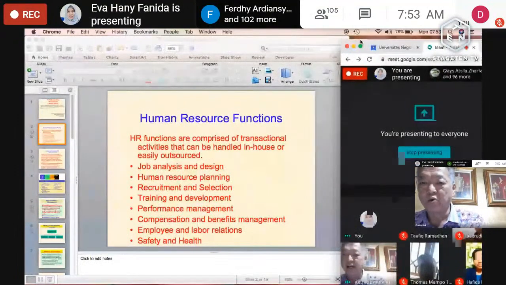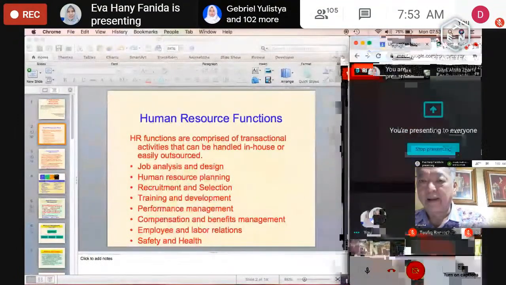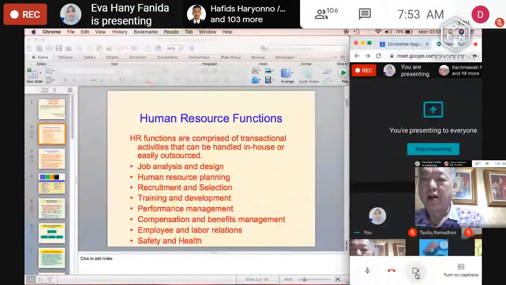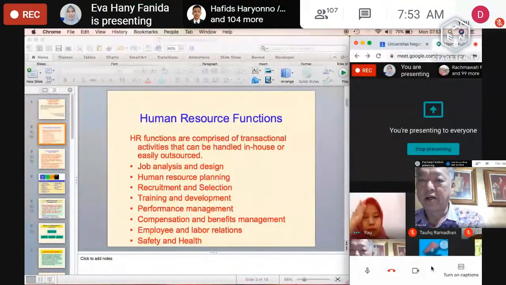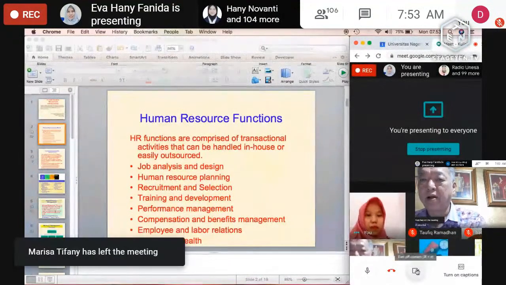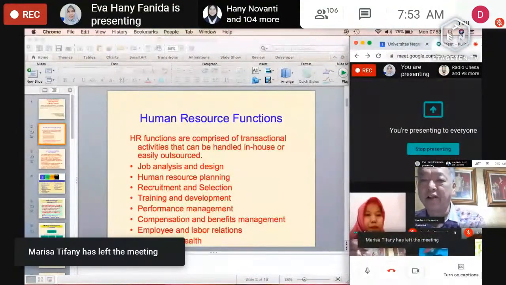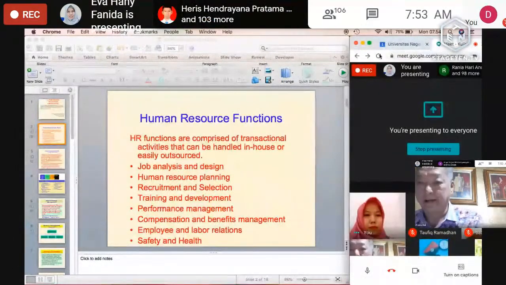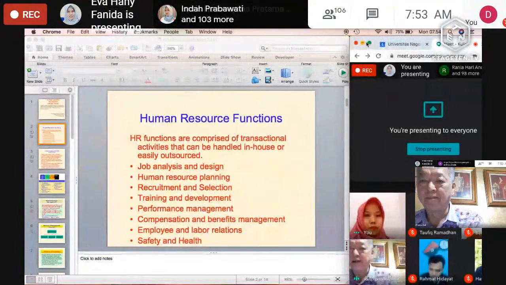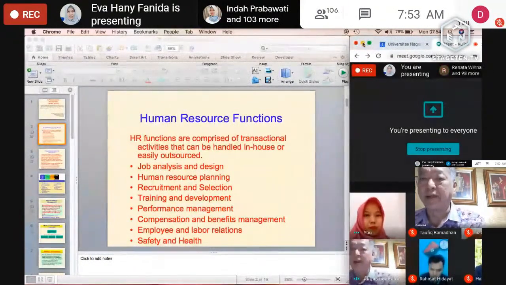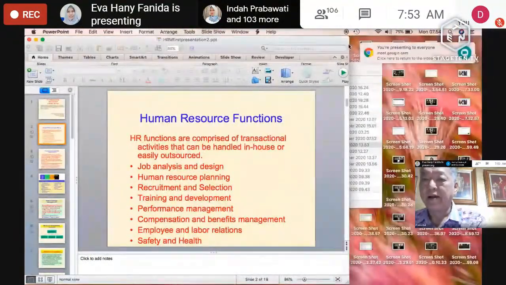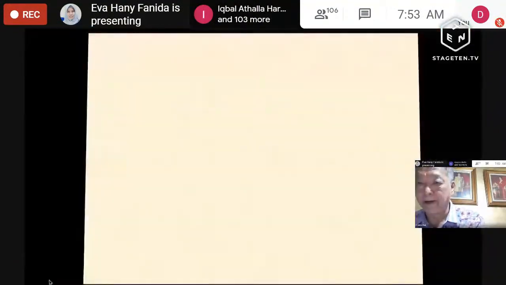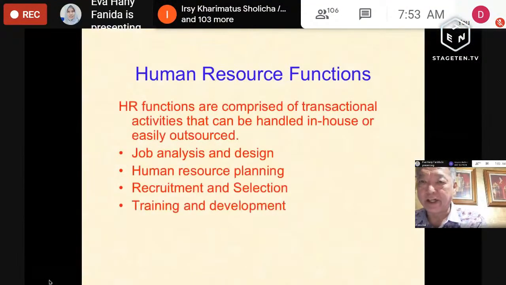We let them know what we want from them, and we tell them whether what they have done before is good or not for us. So we try to evaluate their performance. This is a new term, performance management. In the past, we used performance evaluations.